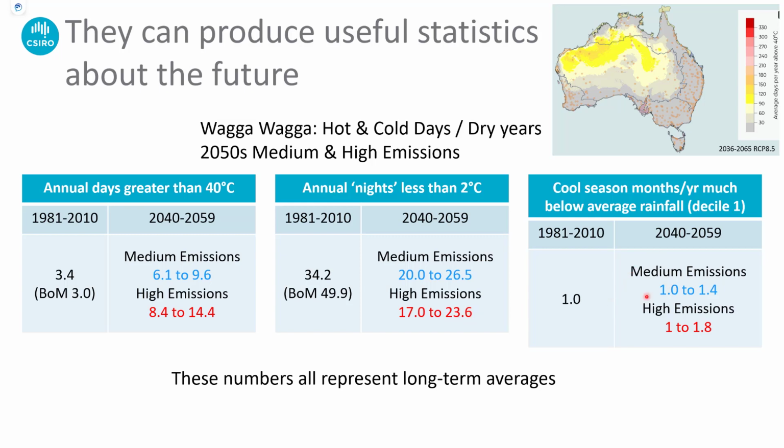And in terms of the rainfall, you can see the average from the 1981 to 2010 period is 1 month per year that falls within decile 1. By mid-century, we're seeing that increase by somewhere between 1 and 1.8, depending on emissions and depending on which model. But remember, these numbers are all long-term averages, so sometimes they'll be more than that, sometimes they'll be less.